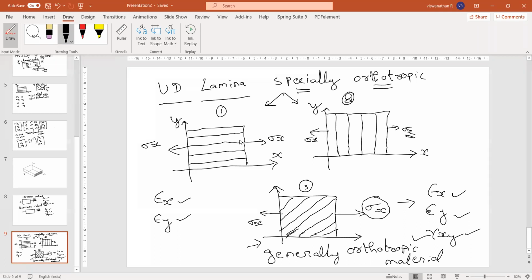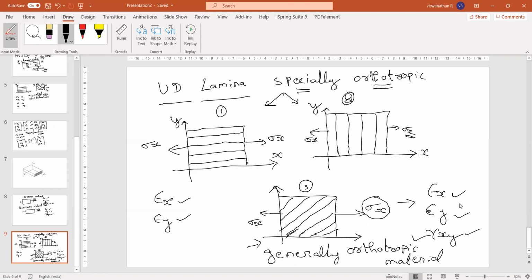But I don't call it an isotropic material because of these fibers here. So the properties are going to change along the longitudinal and the transverse directions. But this other case is behaving like an anisotropic material, correct? Because for extensional stress, you are getting extensional strains as well as shear strain.